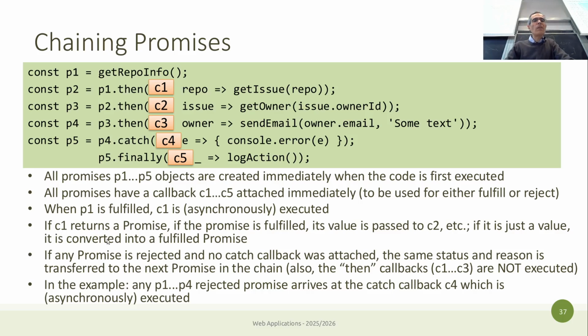If C1 returns a promise, and the promise is fulfilled, the value is passed along and passed to C2. Okay? If this callback just returns a value, a simple JavaScript value, not a promise, it will be converted into a fulfilled promise. So basically, inside these callbacks, you can write whatever you want.